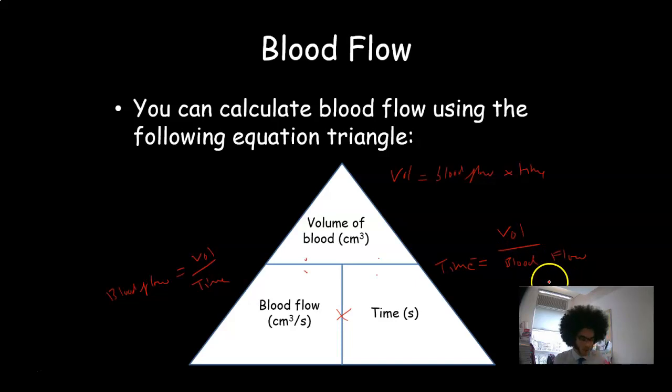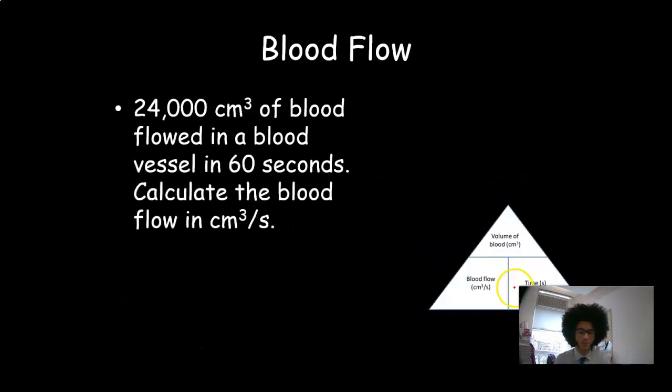So let's do a couple of practice examples using this equation. 24,000 centimetre cubed of blood flowed in a blood vessel in 60 seconds. Calculate the blood flow in centimetre cubed per second. The first thing I always do is I work out what the equation is I want to use. So I want to calculate blood flow, so I underline that. So blood flow equals, if I look at my equation, volume divided by time.